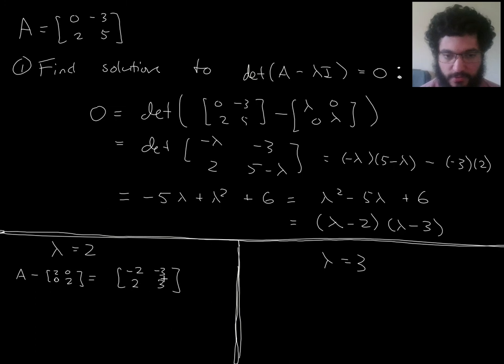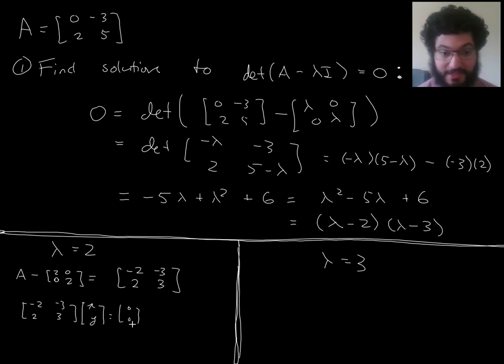The null space of this will just be a line, right? It'll be a line through the origin. And all I want is one vector on that line. So when I write down the equation, this matrix times x, y equals 0, 0, it looks like two equations, but it's really one equation, right? Not a big surprise. You're not surprised to see that the second row here is a scalar multiple of the first row, because lambda equals 2 was rigged to make that happen in the first place.